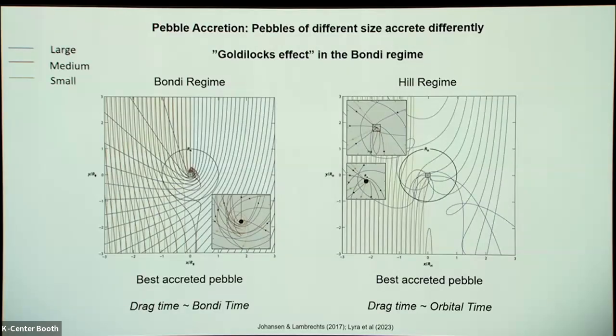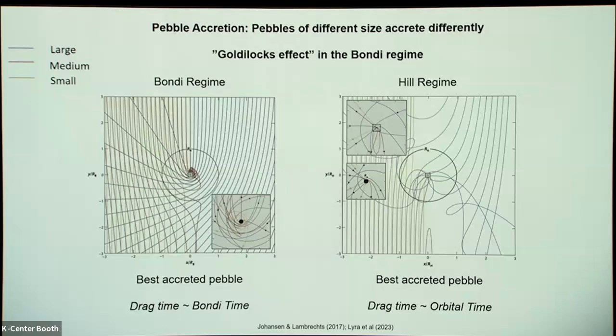The point is that the large pebbles are too big. They cross the Bondi radius too fast. The pebble needs to have a response to drag within the time that it takes to cross the Bondi sphere. If the pebbles are too big, they will behave just like planetesimals and are not going to get accreted.